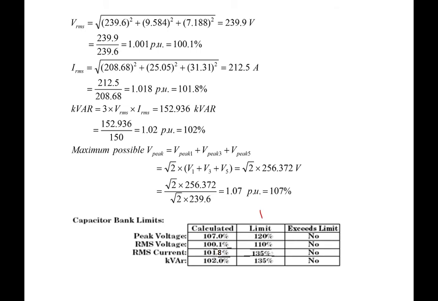So those are the standard. Okay, 120 for the peak voltage, whereas over here it is only 107. Root mean square voltage 110, over here 100.1. Root mean square current 135 and 1. So everything is not exceeding the standard.